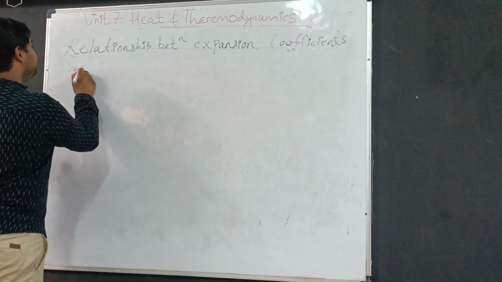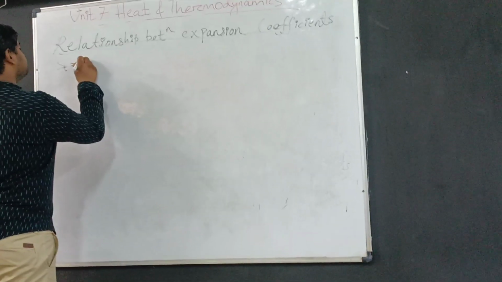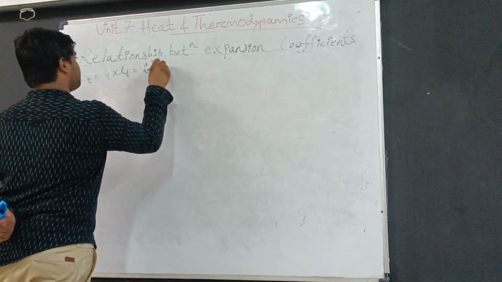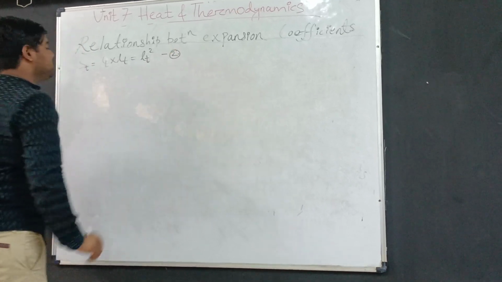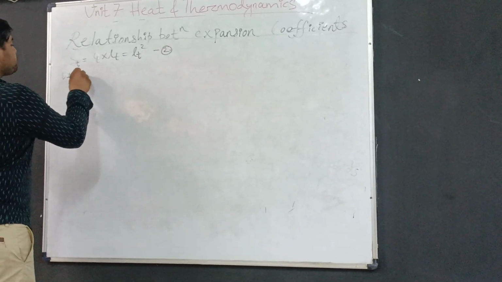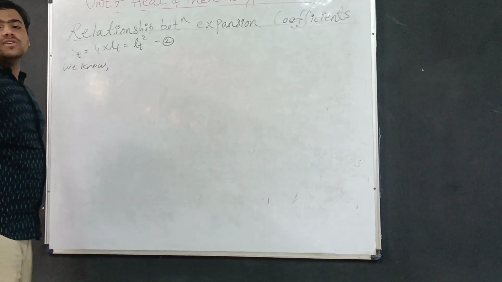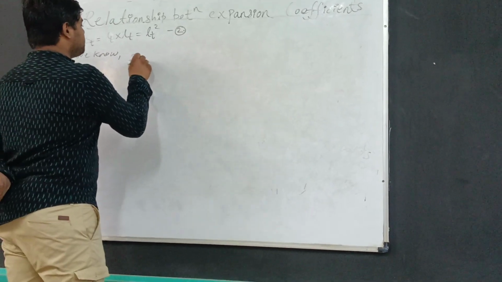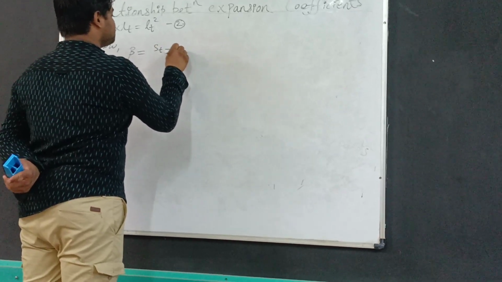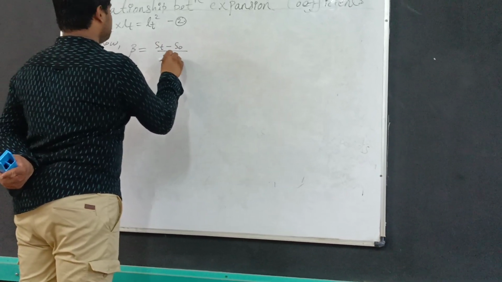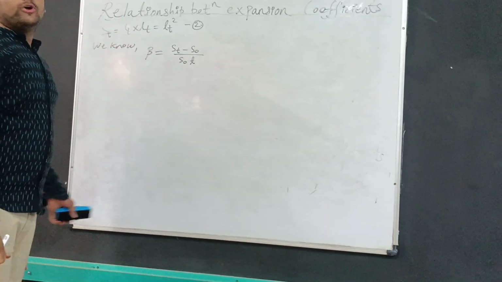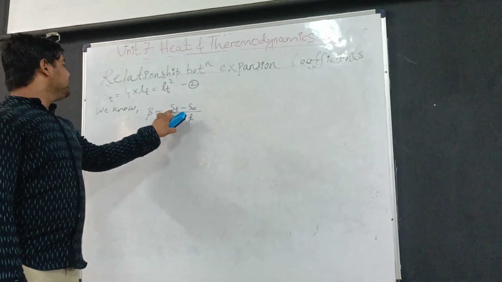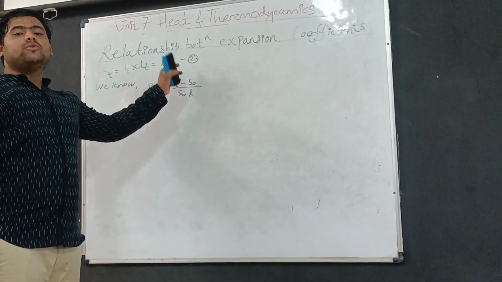The area of the sheet at T degree centigrade will be Lt into Lt, that is Lt square. This will be equation number 2. Now we know the expression of coefficient of superficial expansion, that is beta equal to St minus S0 divided by S0 T. Now we will substitute the values of S0 and St using equations number 1 and 2.